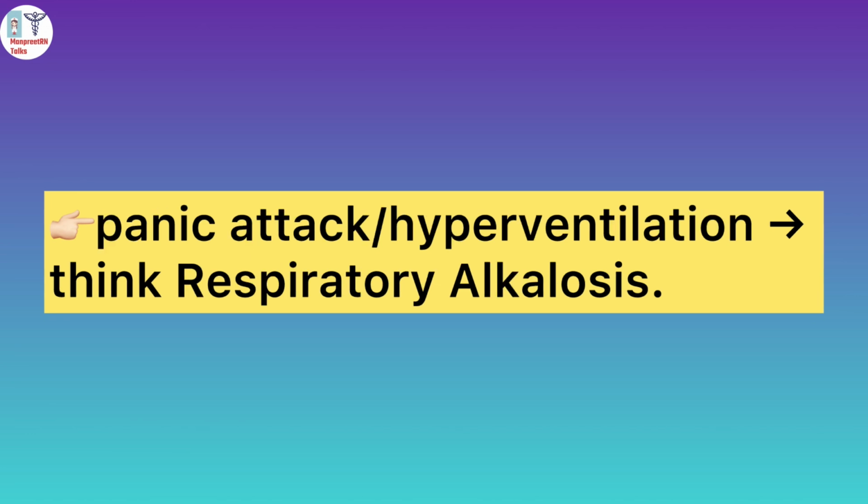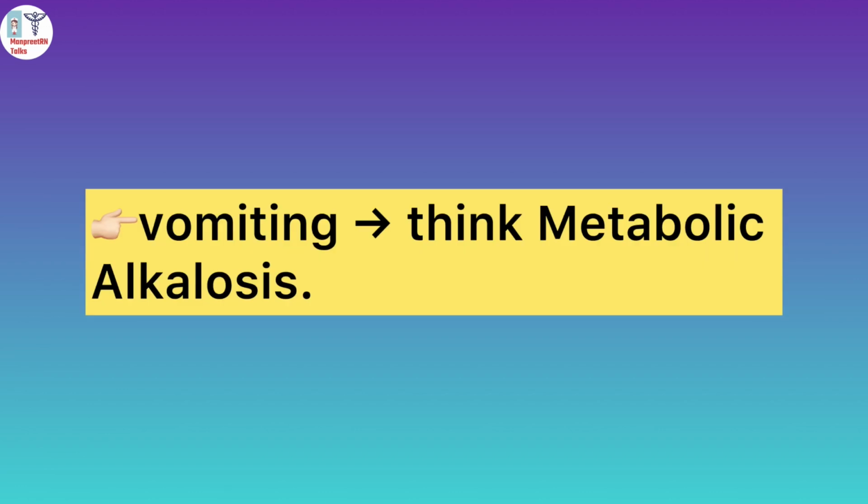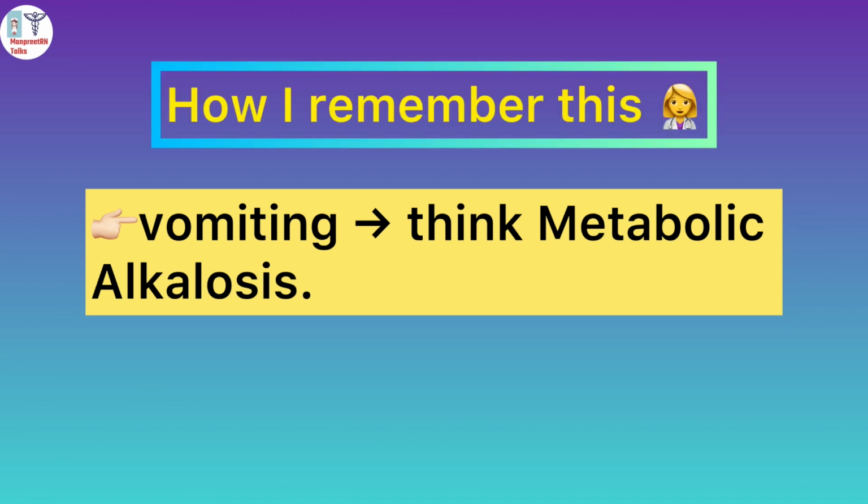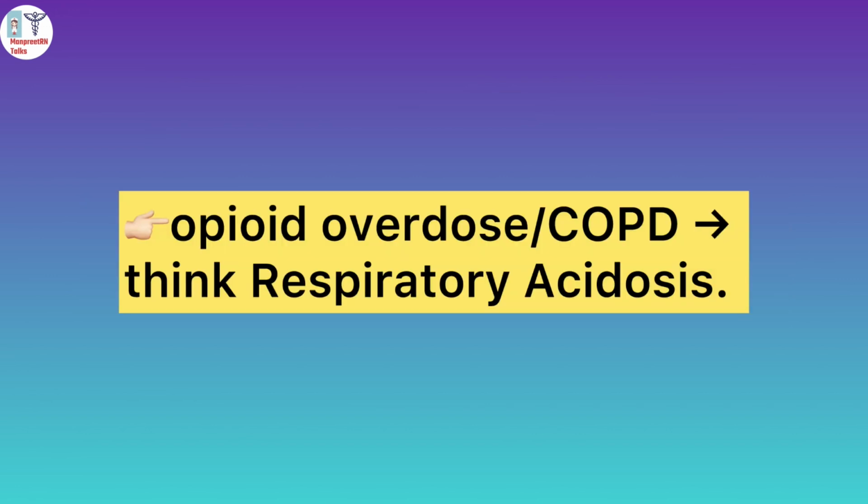If the question mentions panic attacks or hyperventilation, think respiratory alkalosis. If the question mentions vomiting, think metabolic alkalosis. Vomiting means acid is out, so base is left in the body, so it is alkalosis. If the question mentions opioid overdose or COPD, think respiratory acidosis.